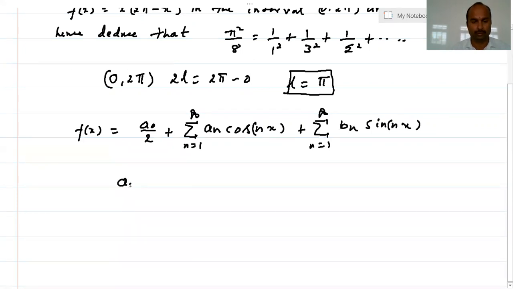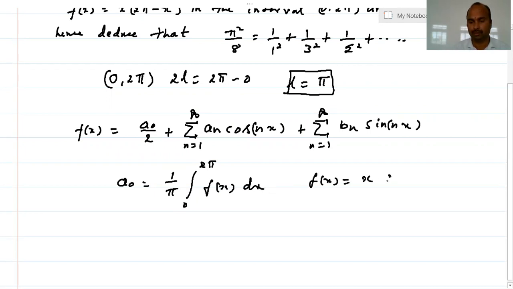So the a naught formula is given by 1 by pi, limits of the integral are 0 to 2 pi, f of x dx. So what is f of x? F of x is x into 2 pi minus x, or you can write this as 2 pi x minus x square.